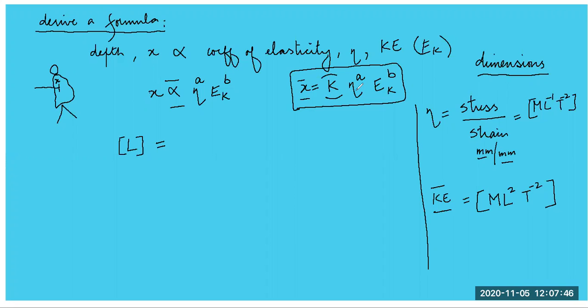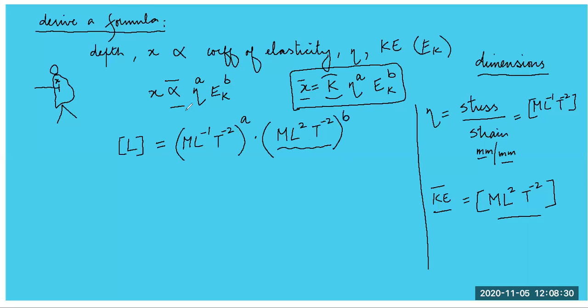So instead of coefficient of elasticity, we will write ML^-1 T^-2 raised to power a, into kinetic energy, ML^2 T^-2 raised to power b.